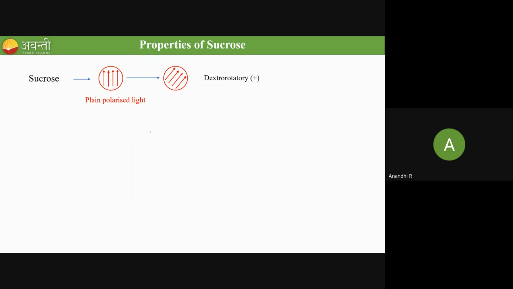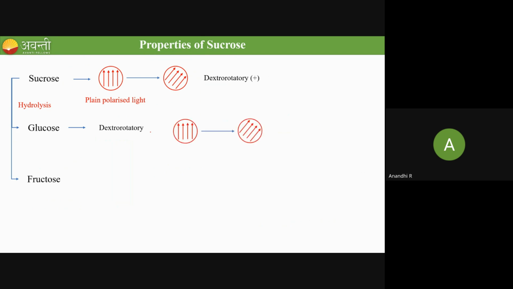But sucrose on hydrolysis produces glucose and fructose. These two, glucose and fructose, also have some optical rotation. Glucose is dextrorotatory, that is it rotates the plane polarized light in the clockwise direction, and fructose is levorotatory. It rotates the plane polarized light in the anti-clockwise direction, and they have optical rotations of these values.